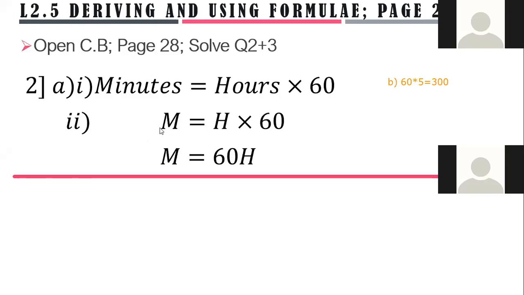Okay, what will you do then? What is the operation between I and R? Multiplication. Okay, so multiply 3 times 7. What's the value?